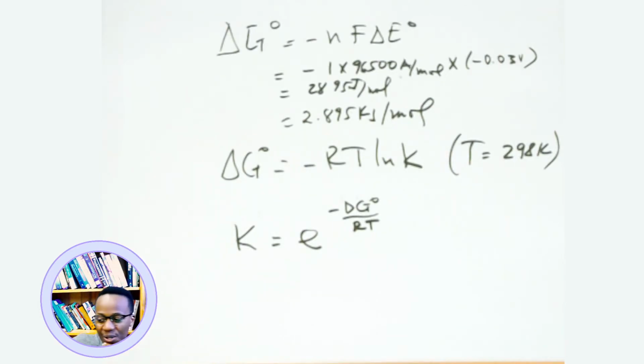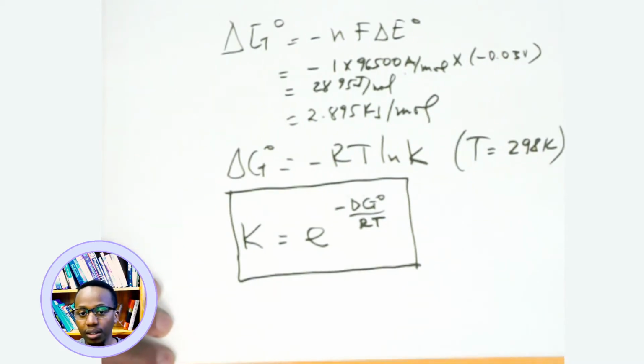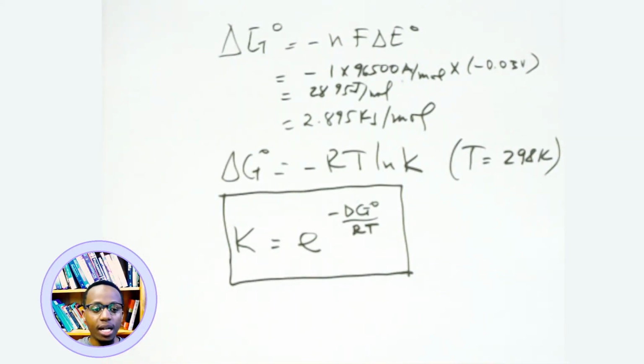You can use this formula to find K. So by just measuring the voltage on a reaction, we're able to find delta G, the free energy of a reaction, meaning we can know whether something is spontaneous or non-spontaneous, and we can measure K, the equilibrium constant, as long as we can measure the temperature. All you need is a thermometer for a reaction. So this is really cool.